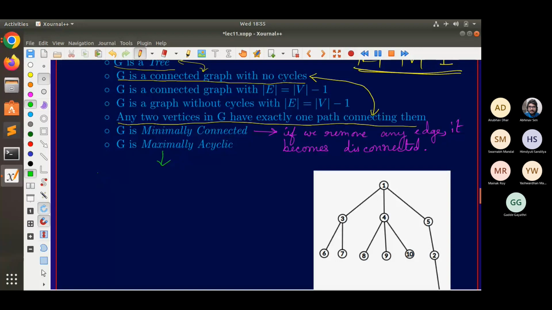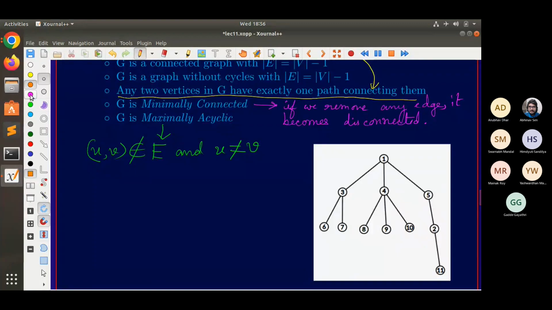This means that if we choose U and V such that there is no edge between U and V, so (U, V) does not belong to E and U is not equal to V, then if we connect them, initially the graph is acyclic, but if we add one more edge, the graph no longer remains acyclic.